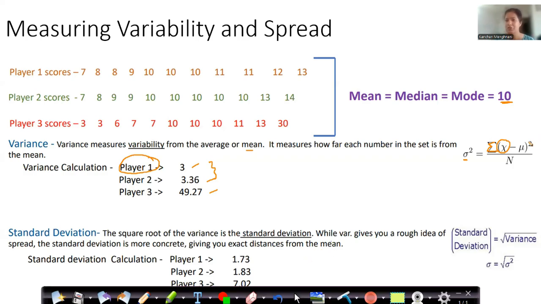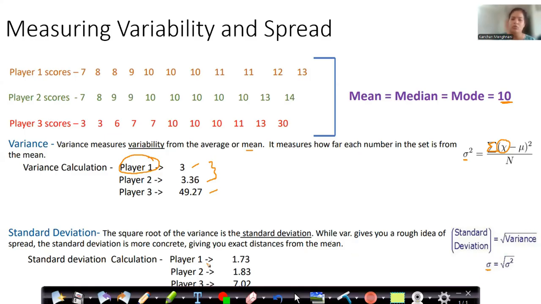If there are certain units, like centimeter or meter, you're squaring them, so you'll get centimeter square, meter square. If you want to get back to the original unit, you will take a root. So standard deviation is nothing but the root of variance, which is denoted by sigma.